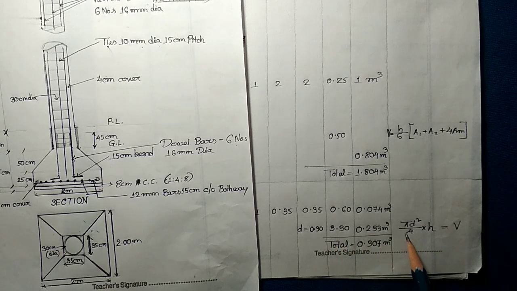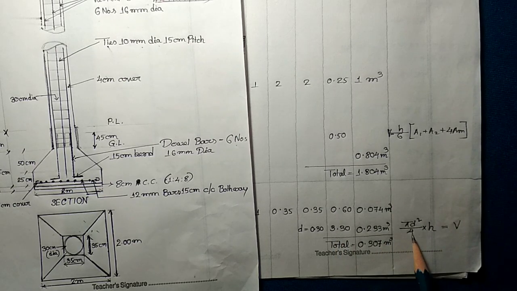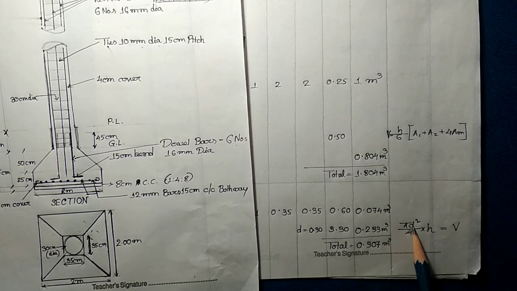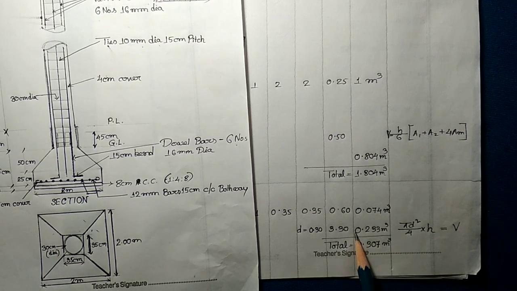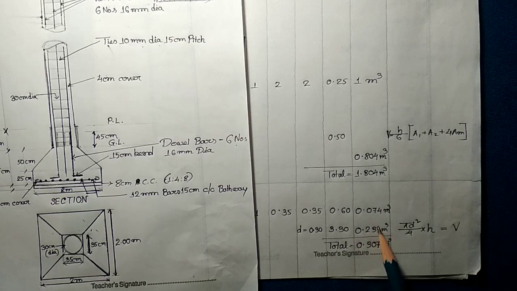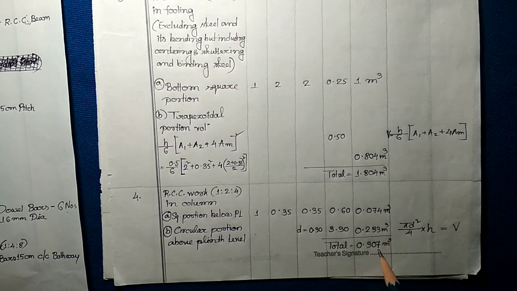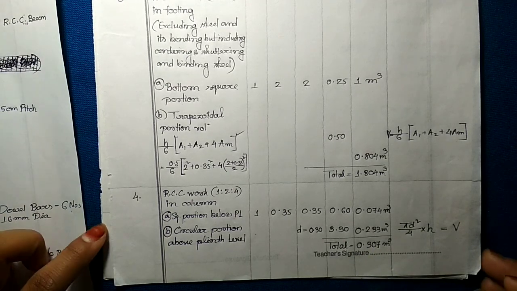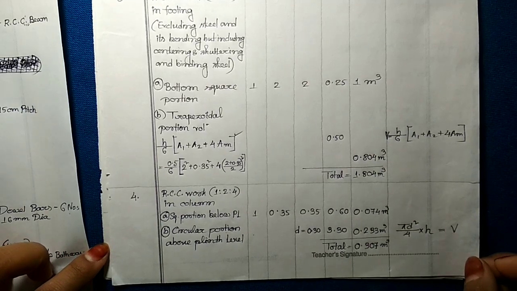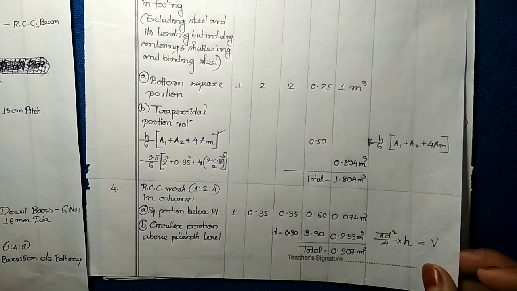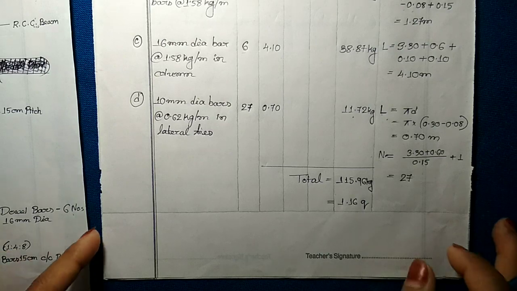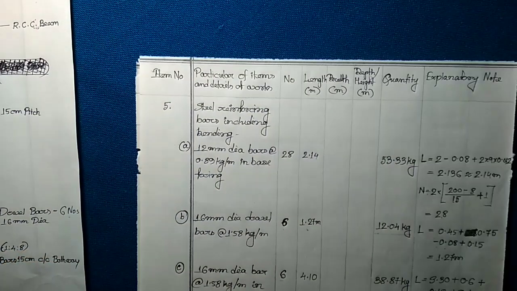We are going to use this formula, volume equal to pi d square by 4 into height. Putting h and d, we will get the quantity as 0.233 and the total is 0.307, and this is the quantity for RCC work in column. So until now we are done with the RCC work calculation. So heading towards the steel.